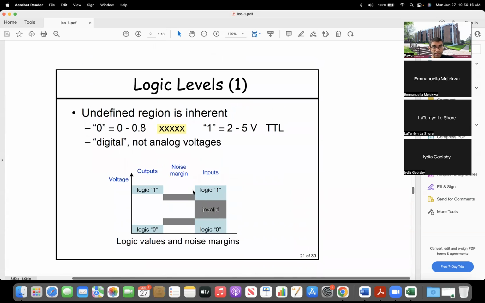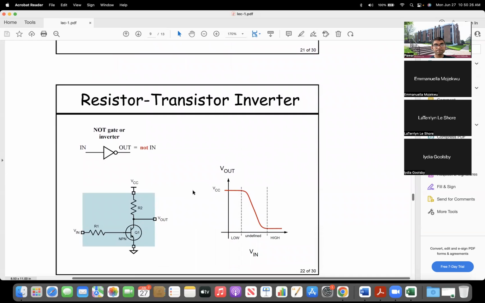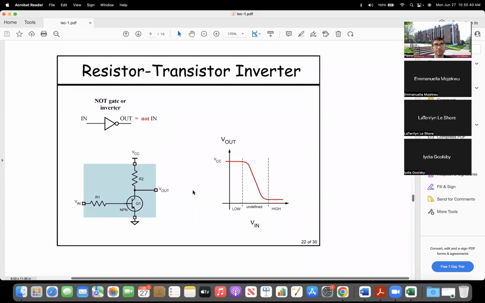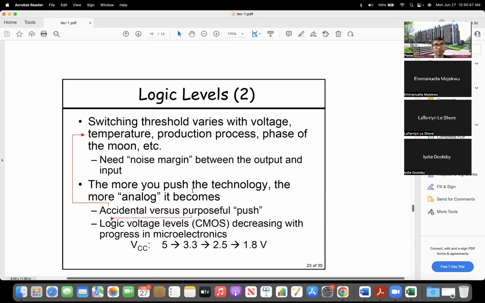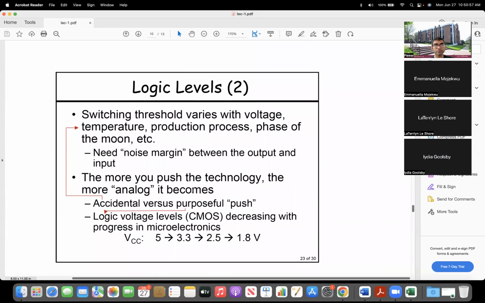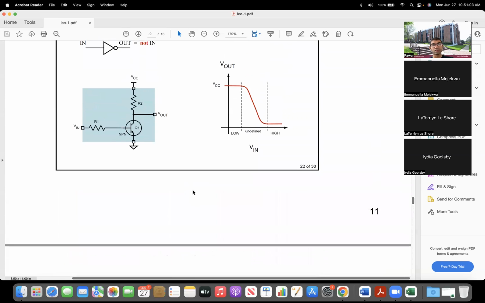Okay, what's next? Okay, so I just skipped some slides here.